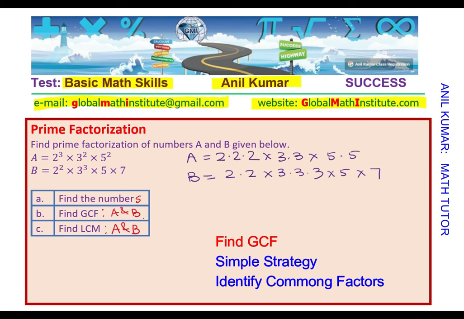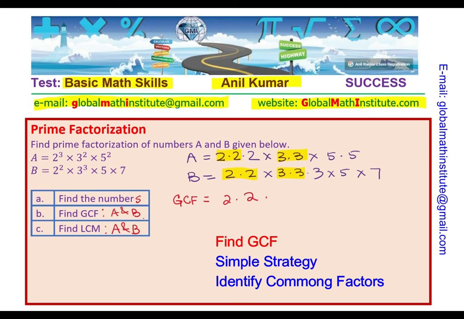Now let's find out what is the greatest common factor. Let's check with 2's. In 2's, how many 2's are common? You can see that two 2's are common, right? And then let's look into 3's. Two 3's are common.